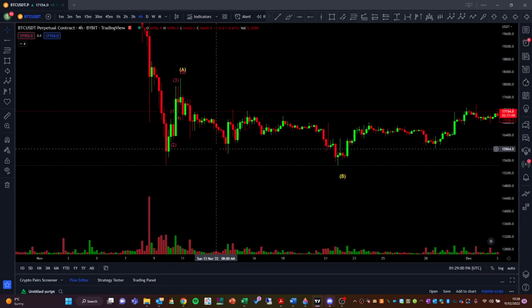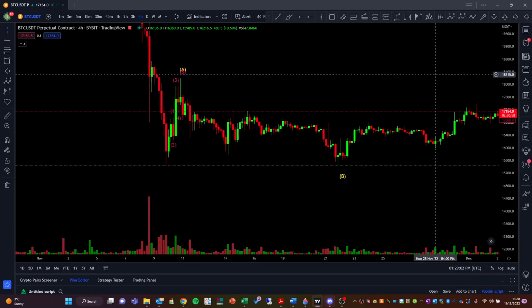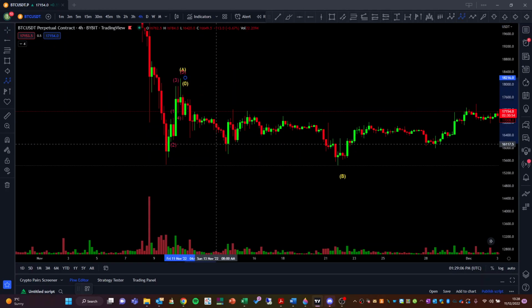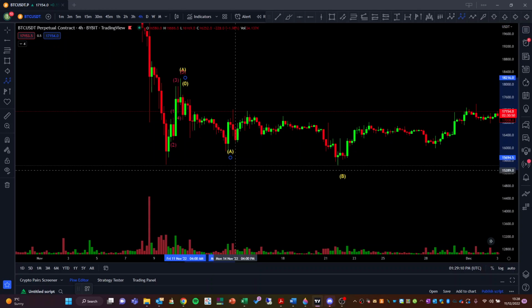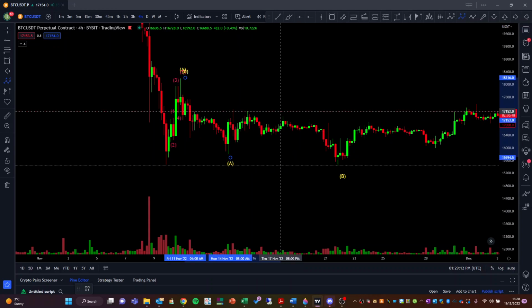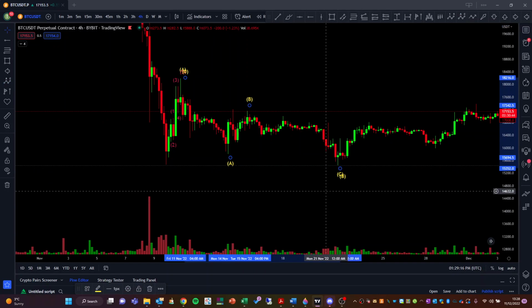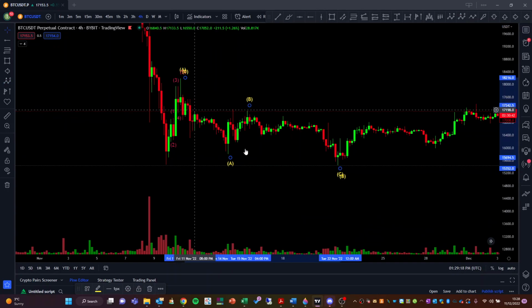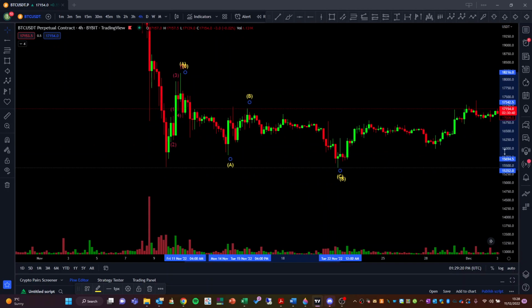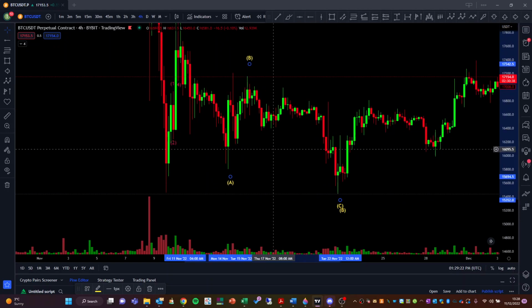Then we can look and do an ABC pattern again from A, B, so 0 to there's A, and then you can pick anywhere, probably there for B, and then finishing off with C. So that's within this structure here. I'll just make that a bit bigger so it's easier to see.